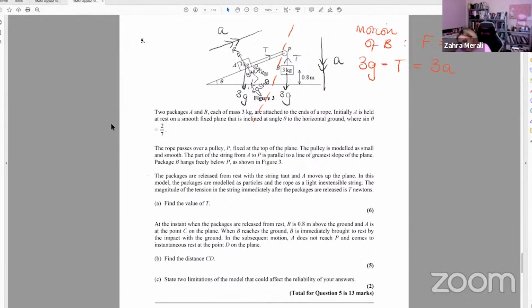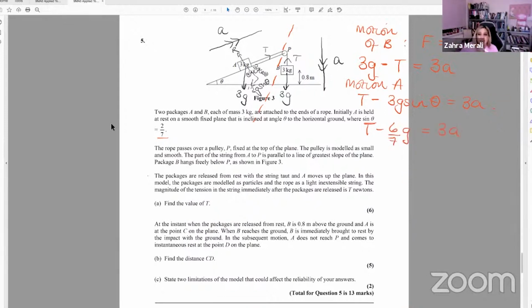For the motion of A, in the direction of acceleration, the force that I have is T. Against acceleration, I've got 3g sine theta, and that equals 3a. Now we're told sine theta is 2/7, so we plug that in: T minus 6/7 g equals 3a.